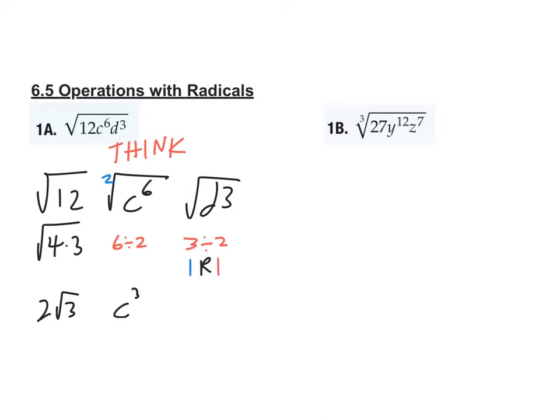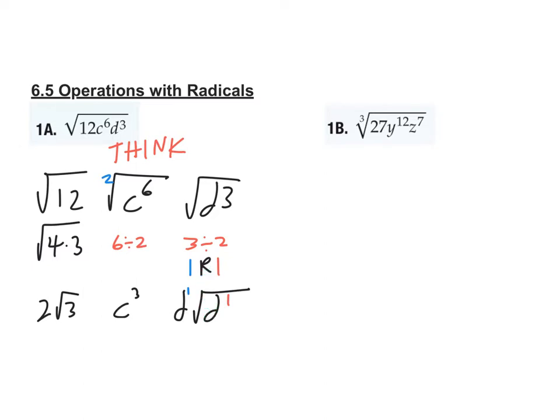Why this is important, and notice my colors: the 1, the number of times that it goes in evenly, becomes the power outside the radical. The remainder becomes the power inside the radical. So what I really have, because we're talking about d to the third, is d to the first, because that's how many times it goes in evenly. And my remainder is 1, so there's a d with the first power still inside the radical corresponding to that remainder.